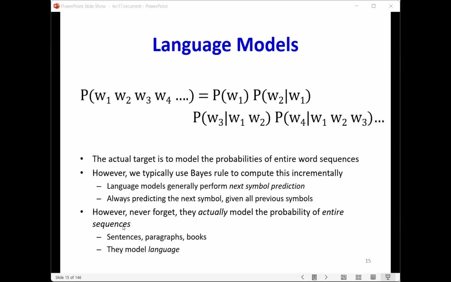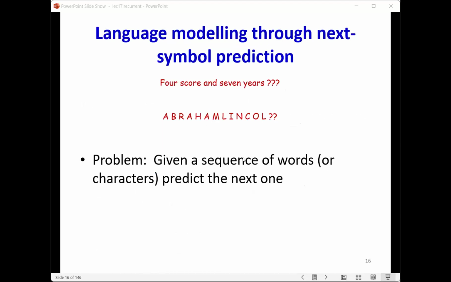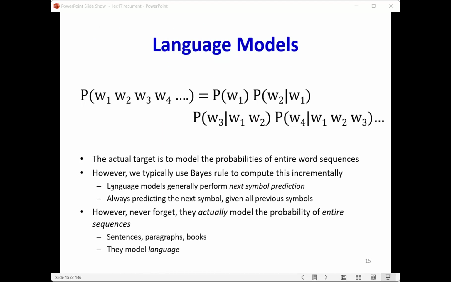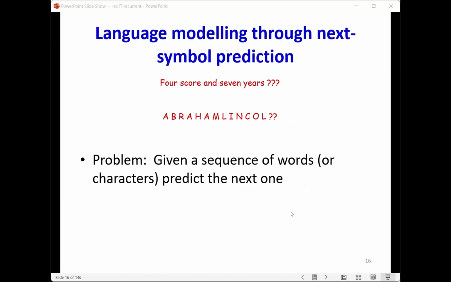So in the universe of all possible books, which are basically long word symbol sequences, why do some occur and others not? Some are more probable and others are not. And capturing this probability distribution is also modeling language. Given this, we can still focus on predicting the probability of the next token.